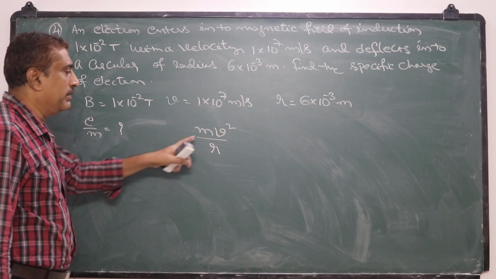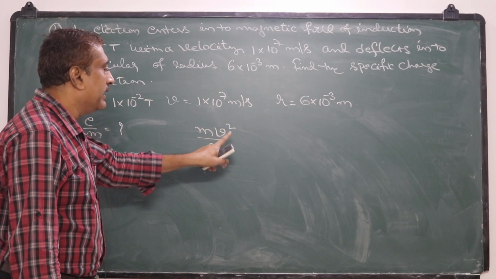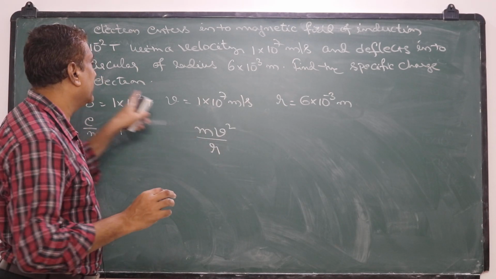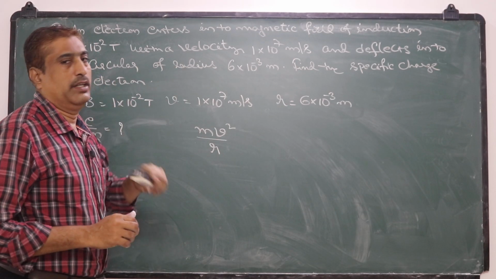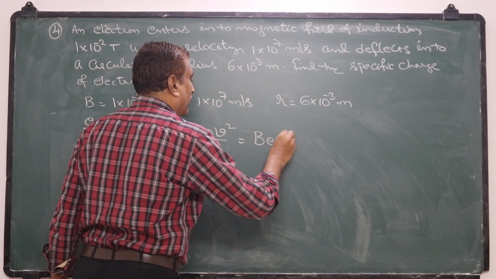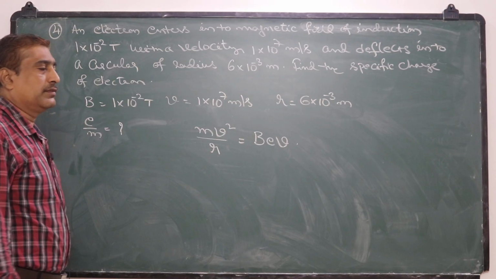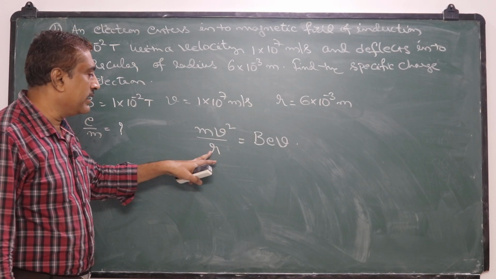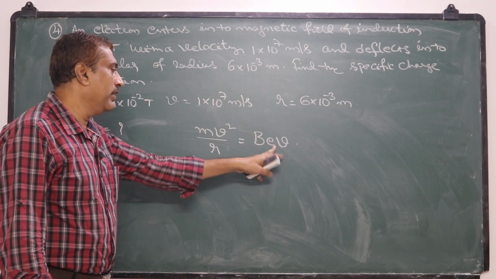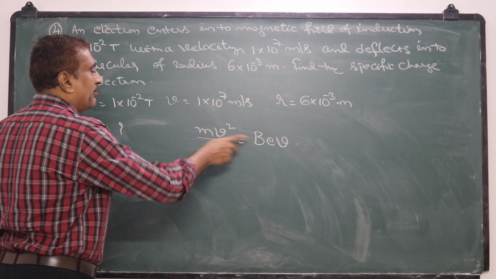The centripetal force is mv square by r. In this case, the necessary centripetal force is supplied by the force due to the magnetic field, and that is BQV, that is BEV. Now by equating this, we can calculate the specific charge.